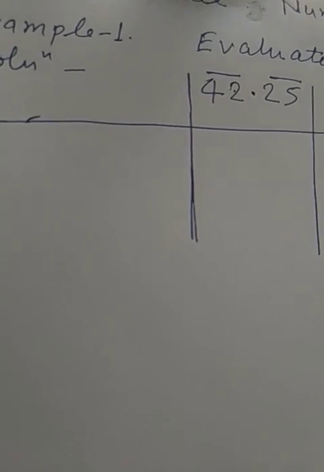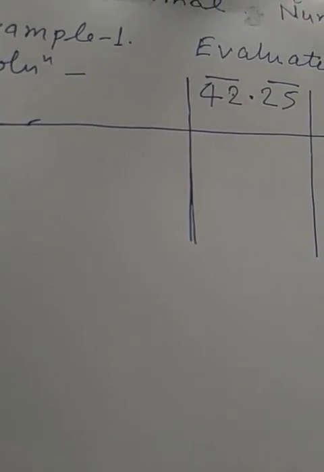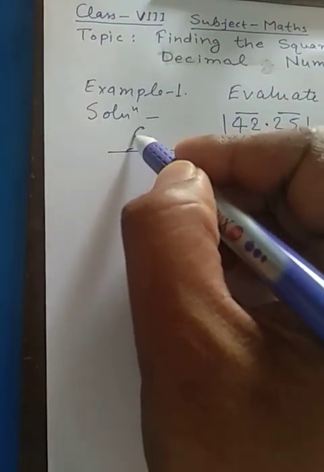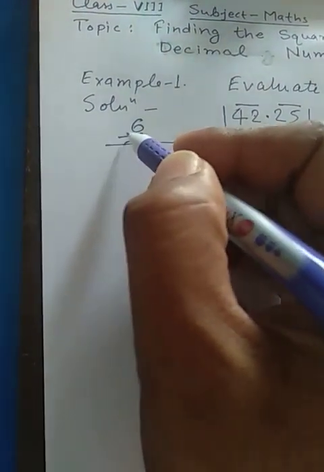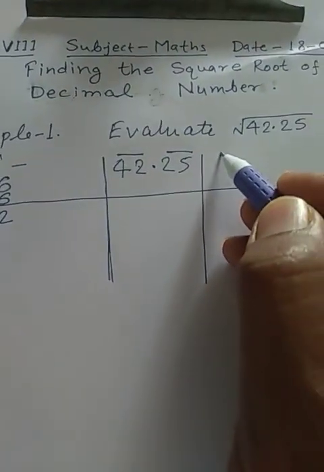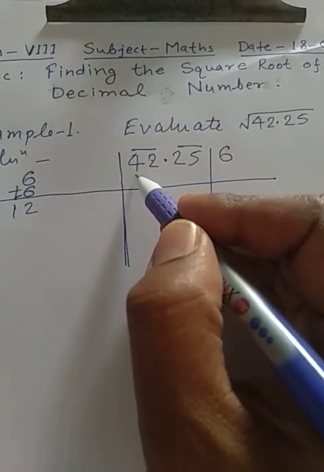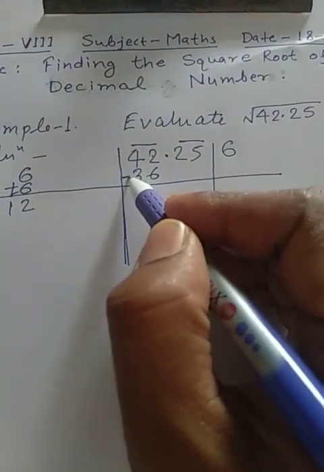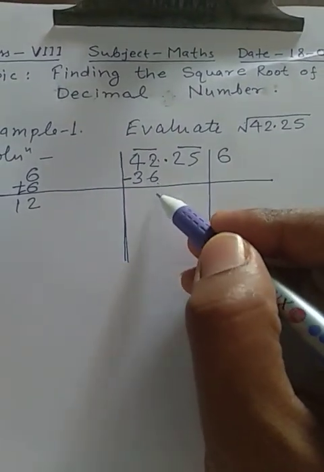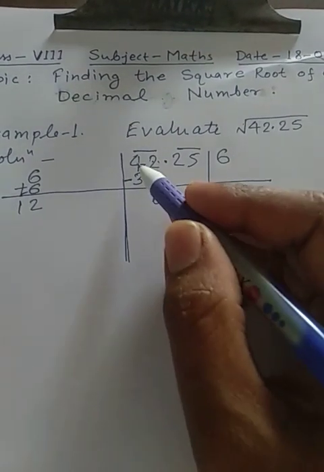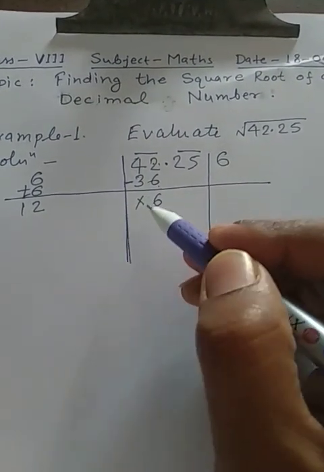Students, 7 7s are 49 is more than 42, so we have to take 6 6s are 36. So 6 plus 6 is 12, and here you have to write the digit 6 and here write the product, then subtract. 42 minus 36 is 6.